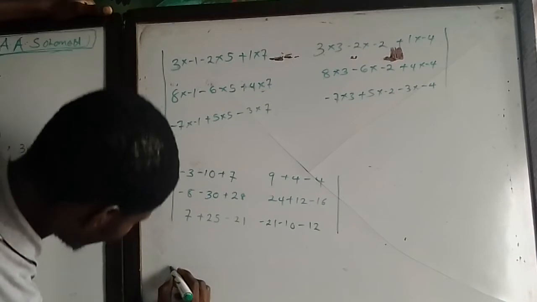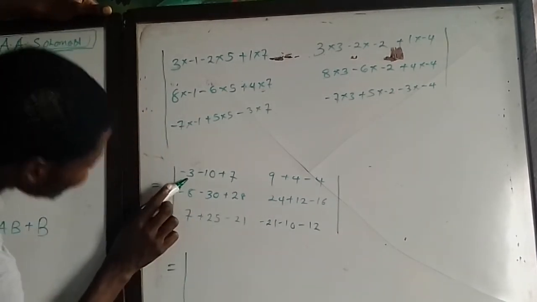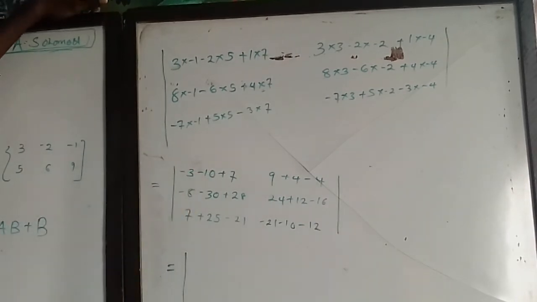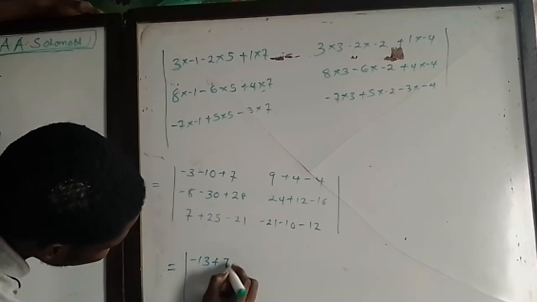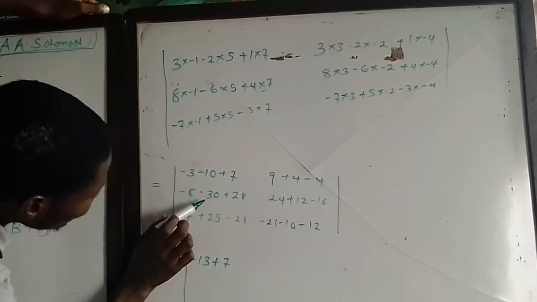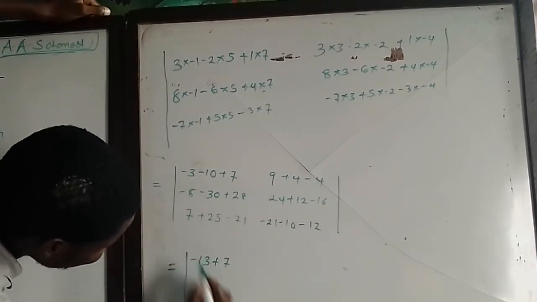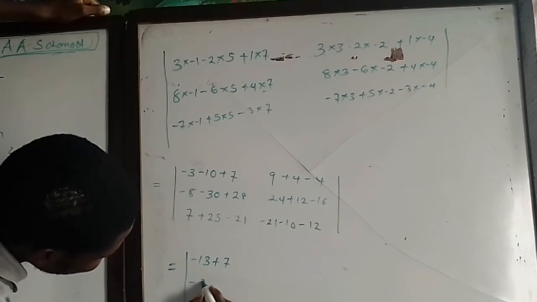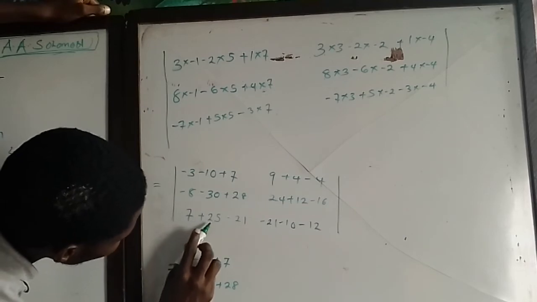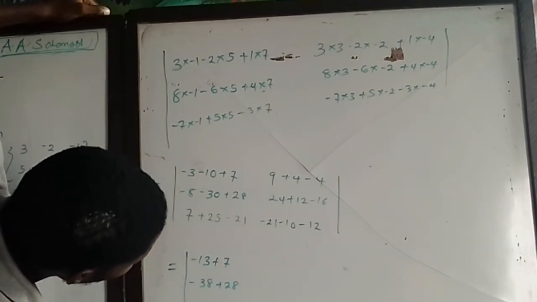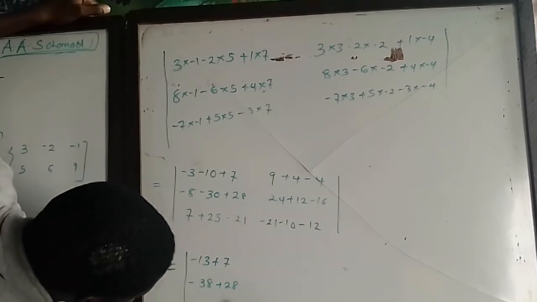So we have minus 3 minus 10 will give us minus 13 plus 7. Minus 8 minus 30 will give us minus 38 plus 28. 7 plus 25 will give us 32 minus 21.